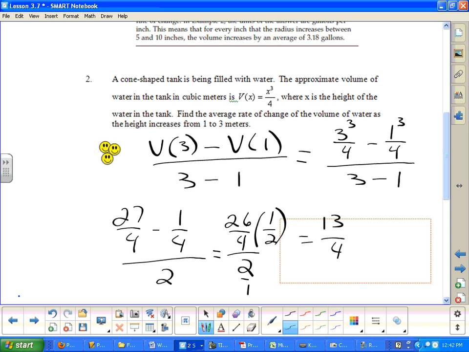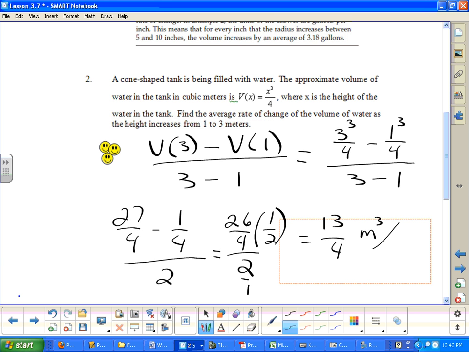But it's a rate of change. So you have this changing as this is changing. We're talking about volume, right? Volume is changing as the height is changing. Volume is in cubic meters, and the height is in meters.